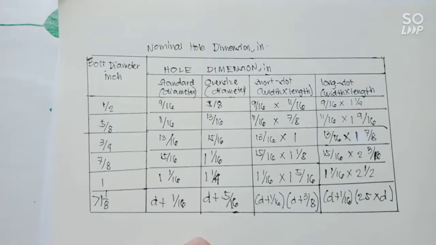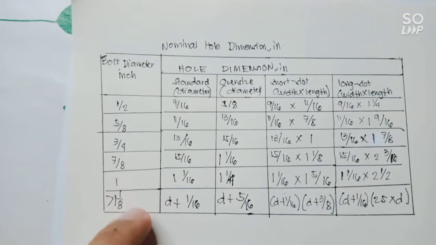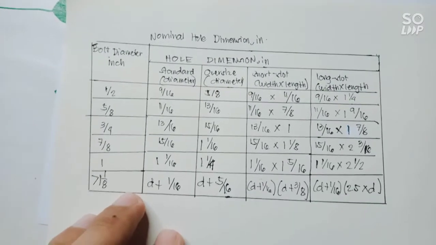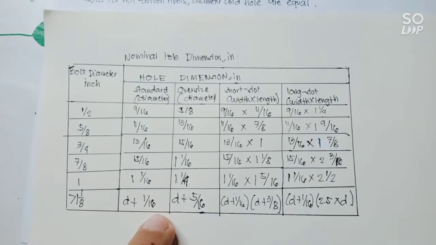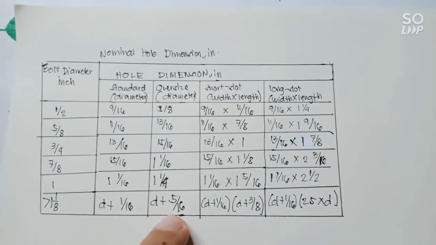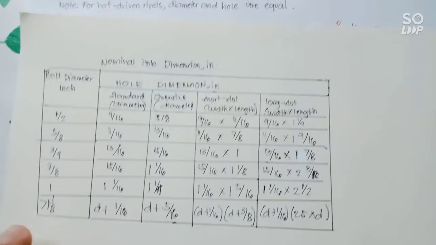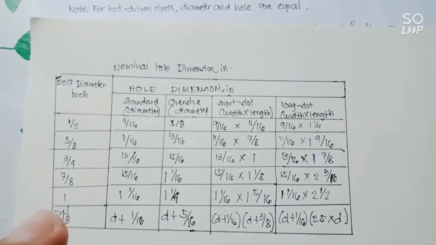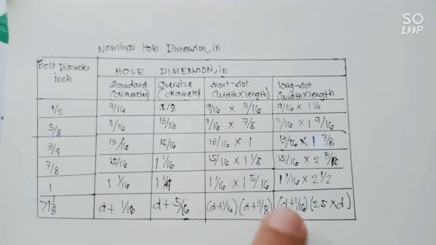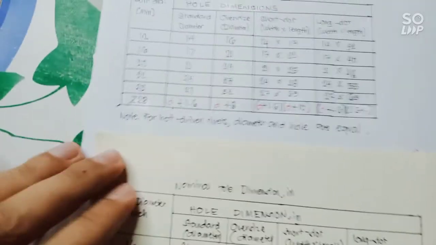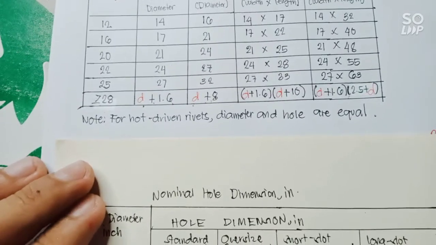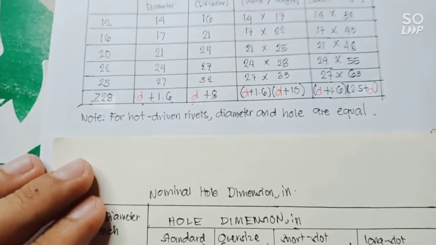The same goes for the English unit: for diameters above 1 1/8, in standard we add 1/16, and in oversized we add 5/16, and so on. But note that for a hot-driven rivet, the diameter and hole are equal.